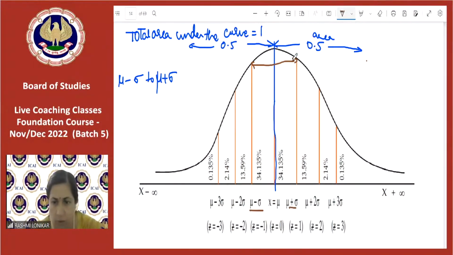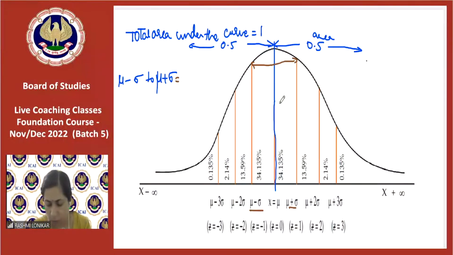How much area will be covered? Here I can see it's written 34.135. This is also 34.135. So that is double that area: 34.135 plus 34.135, that is 68.27.